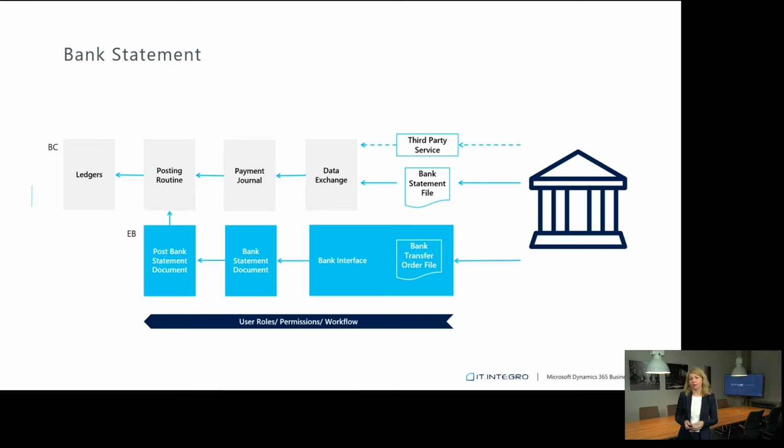The bank statement is reconciled and applied with outstanding entries in vendor, customer, and employee ledgers on the basis of archived payment proposals. If not all entries are settled, you can still use the auto-match mechanism or just reconcile the entries manually.